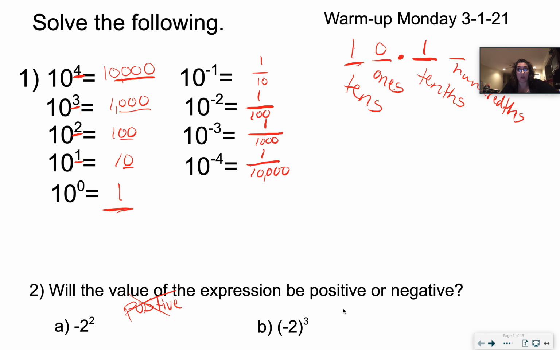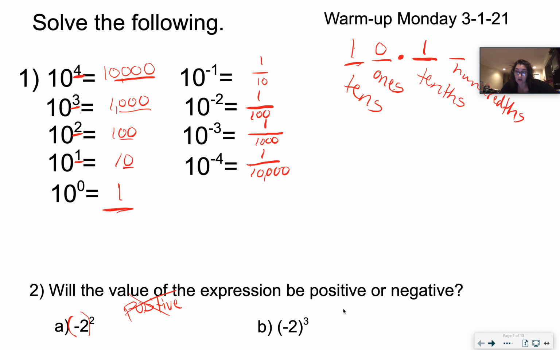It's not right. Okay, so I know you're like, wait, what? Negative 2 times negative 2 is a positive 4. Yeah, that's right. But there are no parentheses around this number. So if I would have had parentheses around that negative 2, then yeah, that would have been a positive answer.